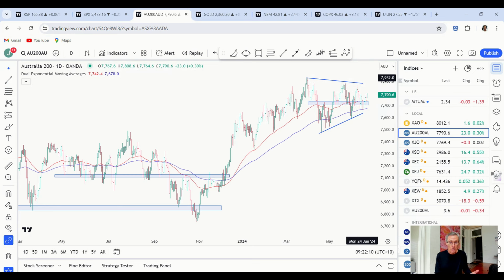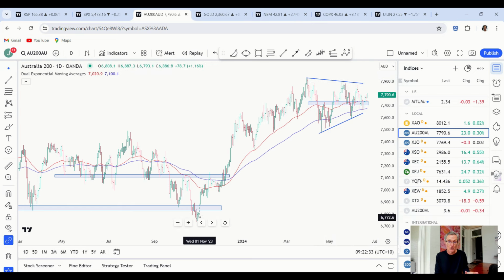I continue to work on the basis that the overall structure is bullish. So my favored view is that we get an upside break from this range, but of course that's not certain by any stretch. But I think the bias is towards an upside break because I think the underlying trend is up.